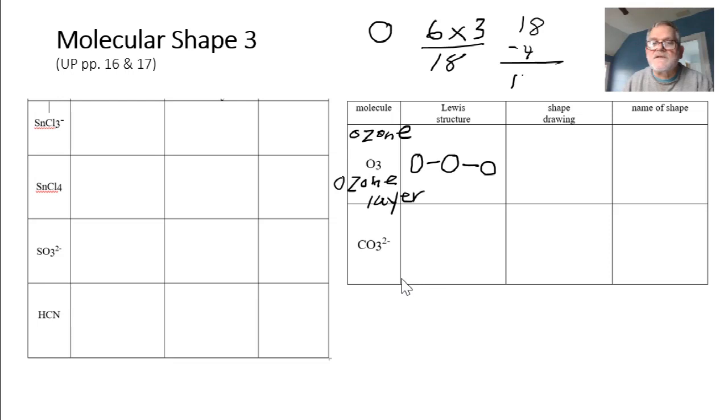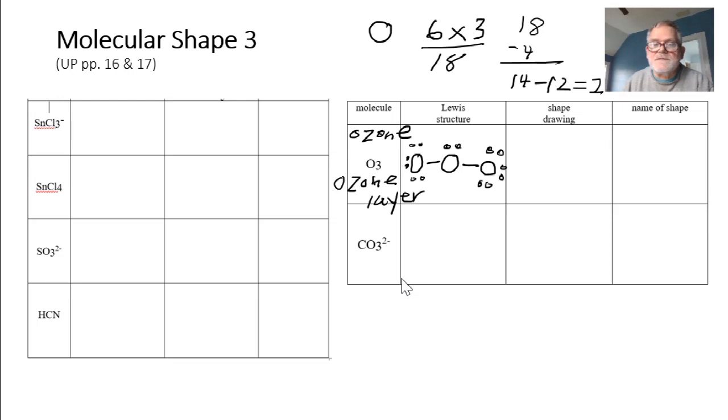That's 14 left. Okay, I'll populate the outer atoms first of oxygen. 1, 2, 3, 4, 5, 6, 7, 8, 9, 10, 11, 12. I've used up 12. 14 minus 12 equals 2. I've got 2 left. 1, 2.